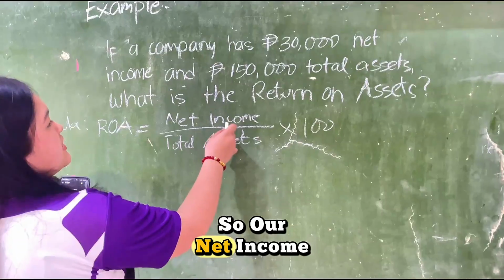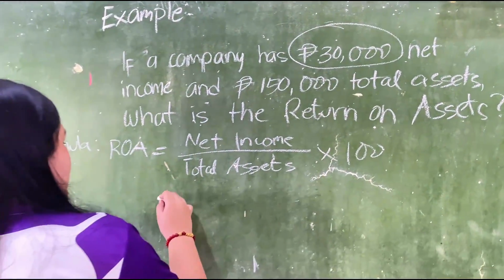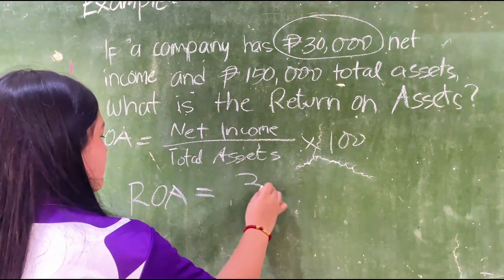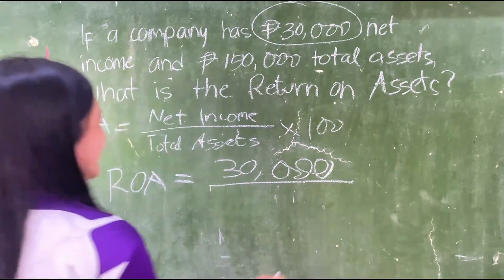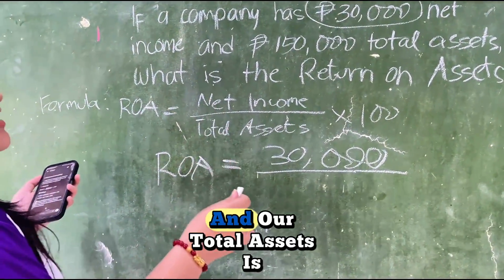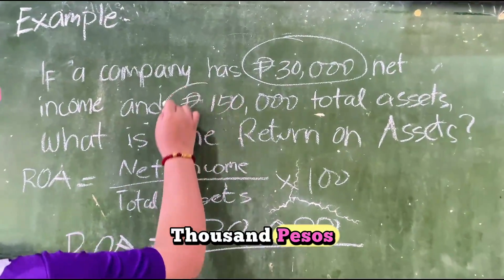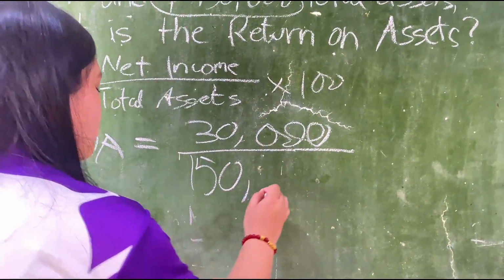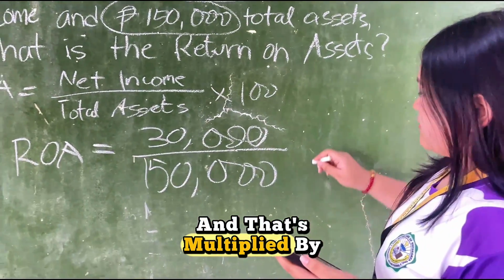So our net income is 30,000 pesos, and our total assets is 150,000 pesos. And let's multiply it by 100.